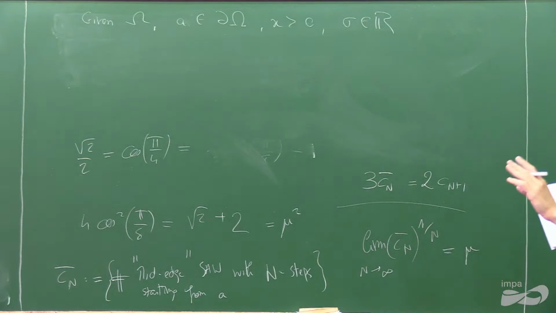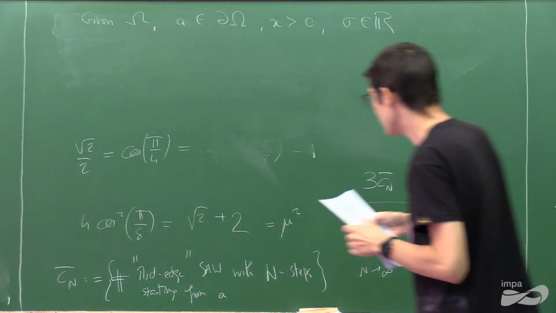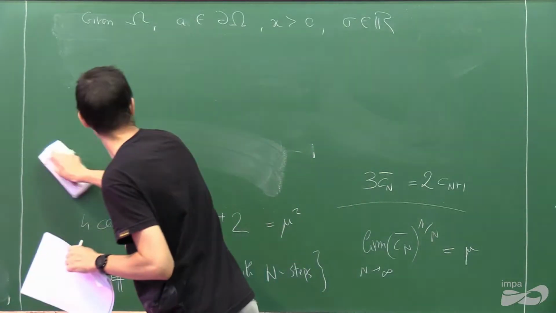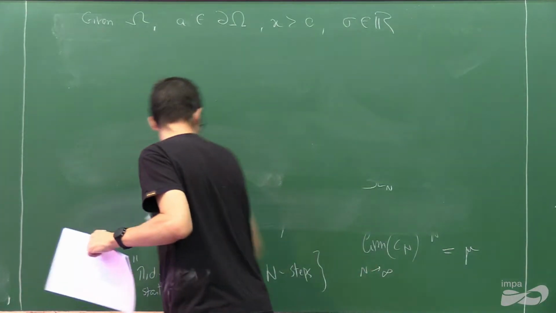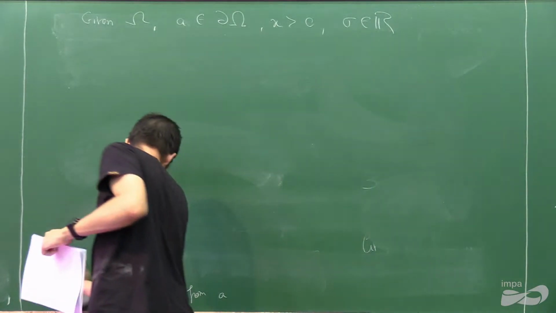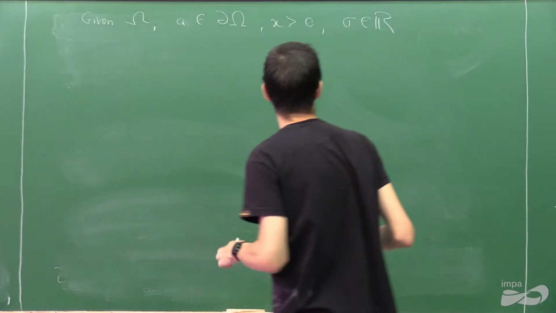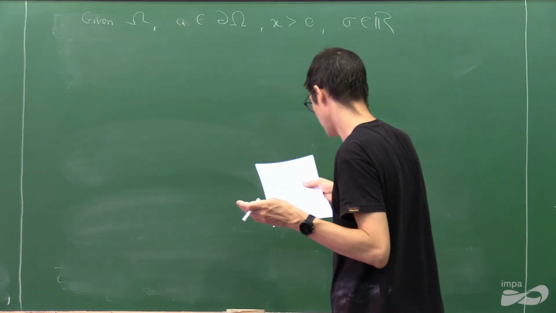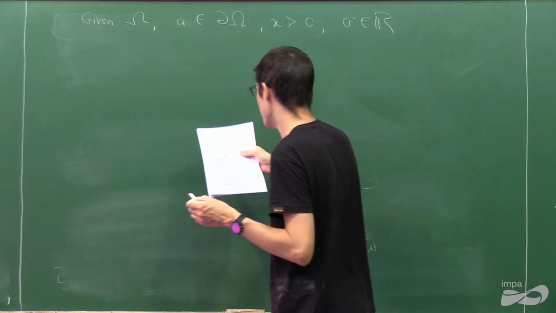So I have basically 4 parameters. And now I define a function f, which will be a function of a variable which will be a mid-edge.